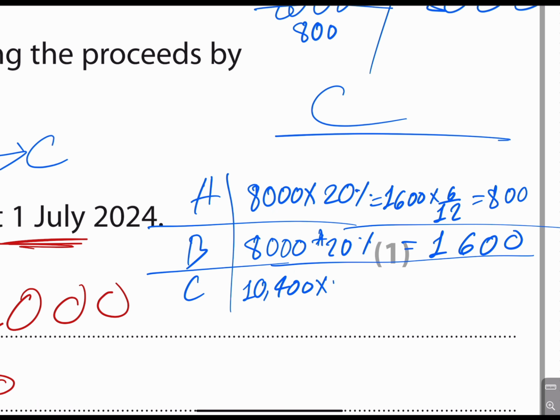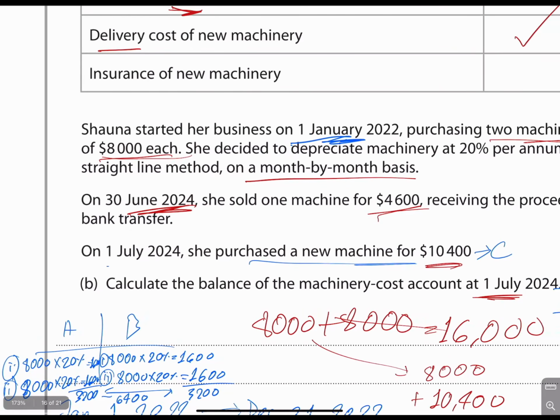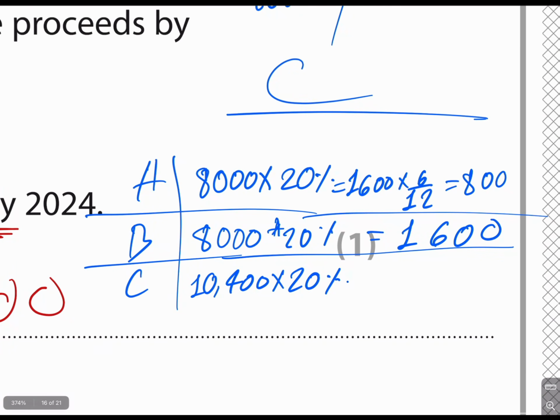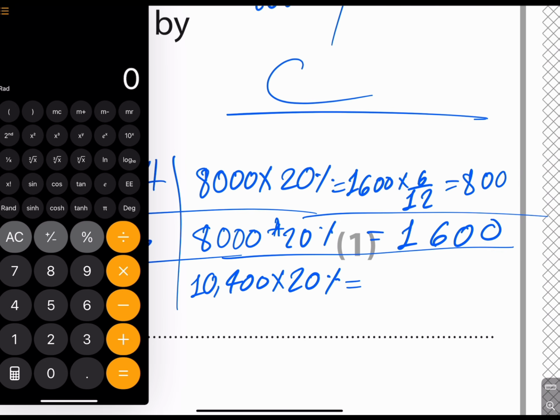Now, as it is on a month by month basis, we haven't used it for the entire year. How many months have we used it? We bought it in July: July, August, September, October, November, December. It's only 6 months. So what's the amount for the year? 10,400 into 20%, it's 2,080.